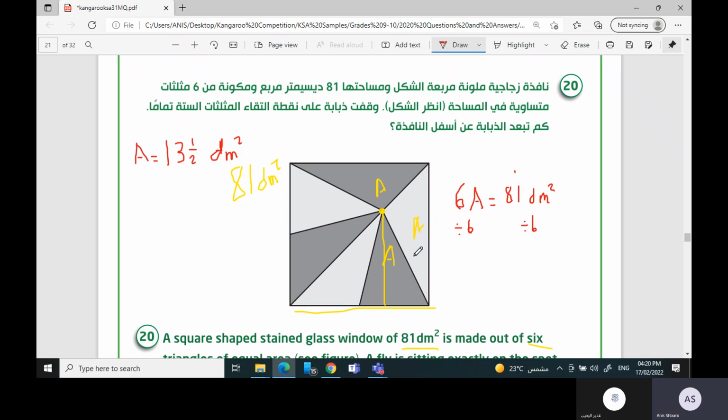Now, simply we are going to find another way. This one we can find because we have the base, which is a complete side of a square. But the height is vertical and this one is horizontal, so I can't relate vertical to horizontal. So I'm going to use this one.